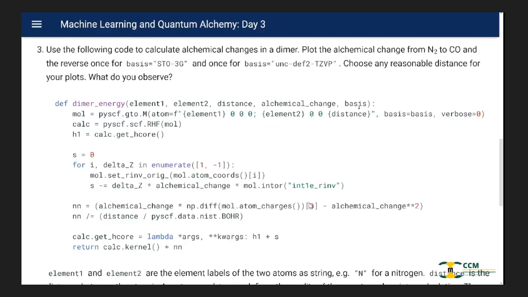If you have N, and the chemical change is -1, you get what? CO. Because now it's always a multiplied. If you have CO, the chemical change 1, you get what? Increase the first, decrease the second.